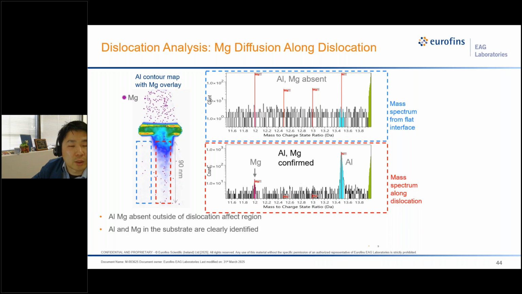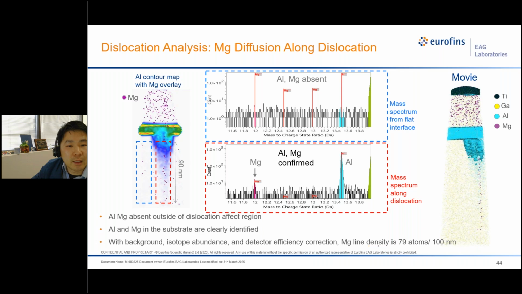This is again a video after spatial ranging processing to remove the noise of magnesium in the gallium nitride, showing the diffusion of magnesium from the p-GaN region through the AlGaN and into the gallium nitride bottom layer. It's quite impressive to see the diffusion behavior of dopants along this location.